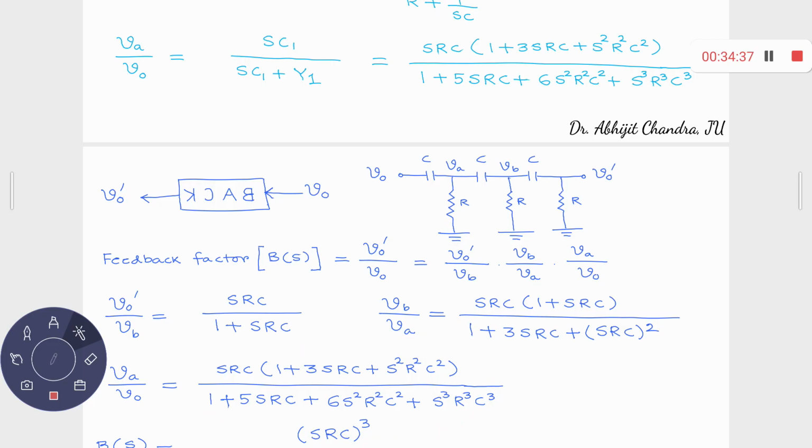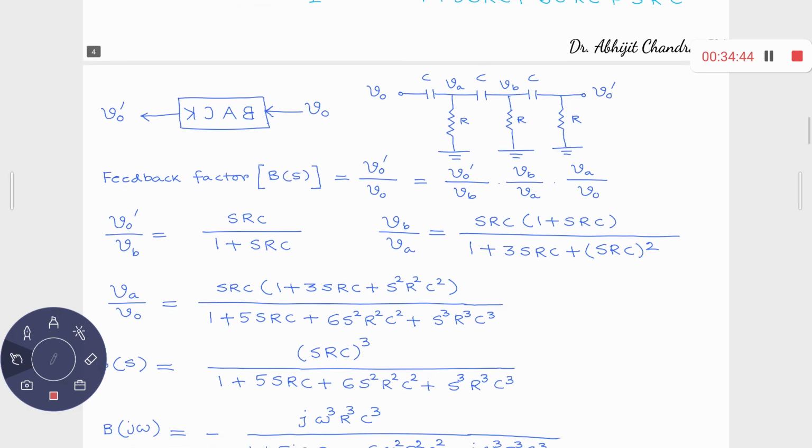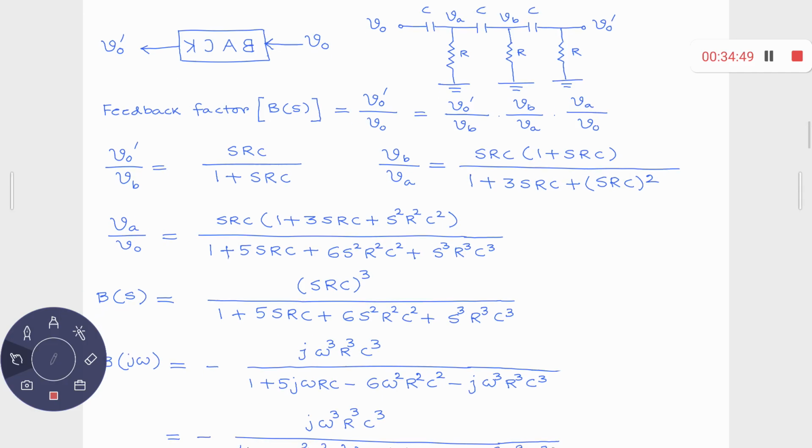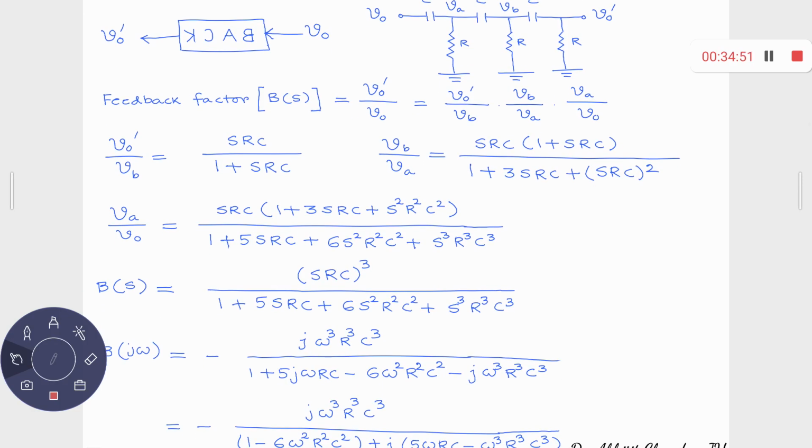What is the feedback factor B of S, V naught dash by V naught? It is the product of these three. What is that product? We simply plug in the values. You have SRC, one SRC, second SRC, third SRC, SRC whole cube, right?